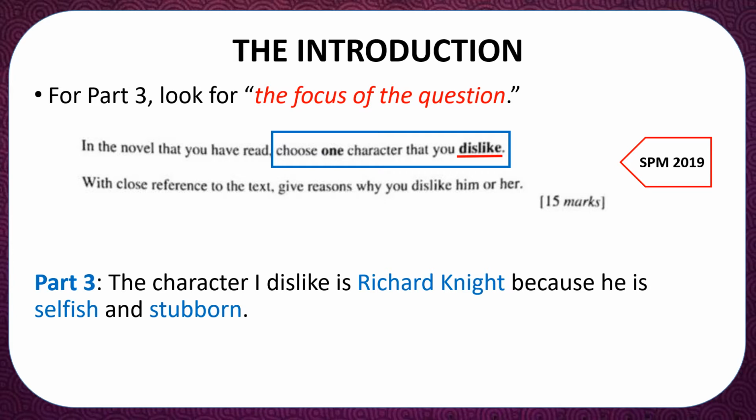You can be angry at the main character. It's okay because the main character also has negative traits. They are not perfect. So the third part is: the character I dislike is Richard Knight because he is selfish and stubborn.